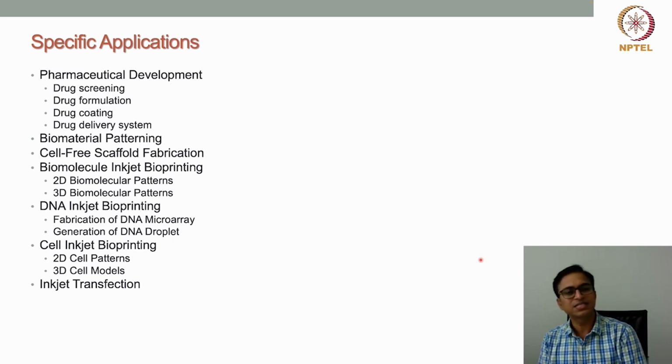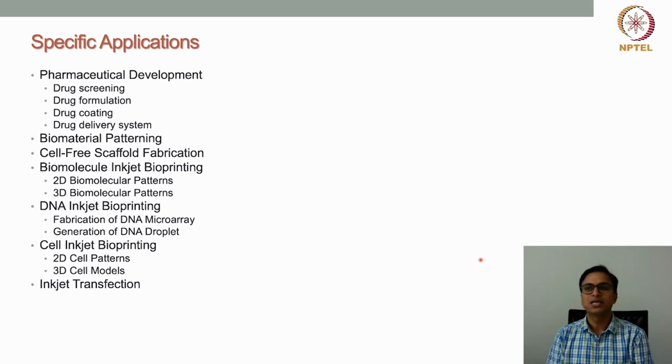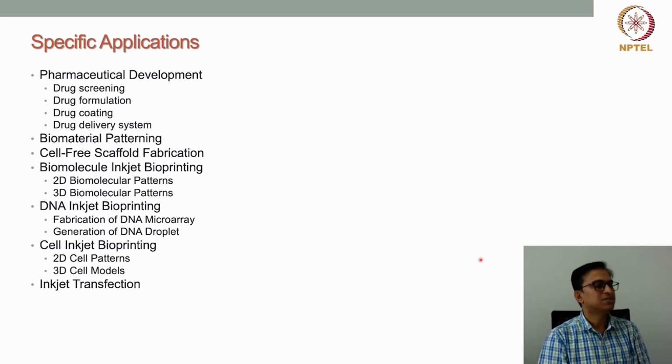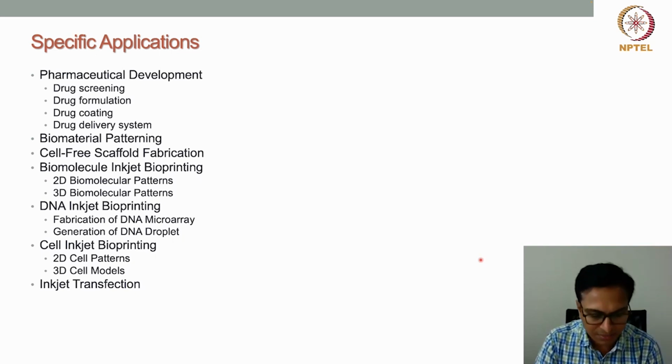Similarly, another thing is drug coating. Certain drugs are very much reactive to certain environments, certain conditions. So coating is an important phenomenon there, where the drug can be preserved, or the drug release can be controlled.